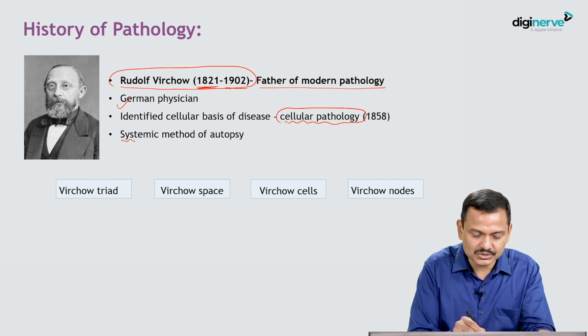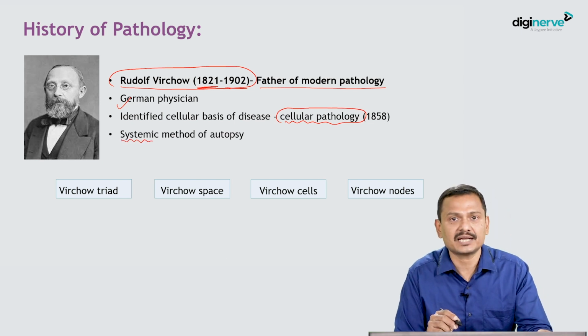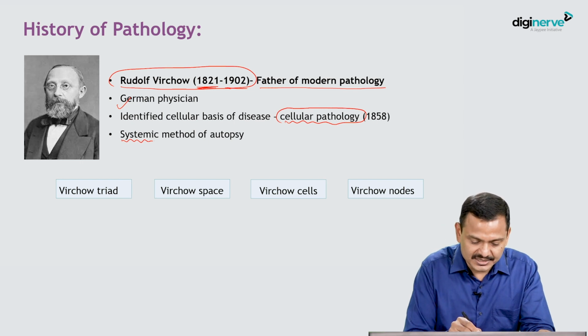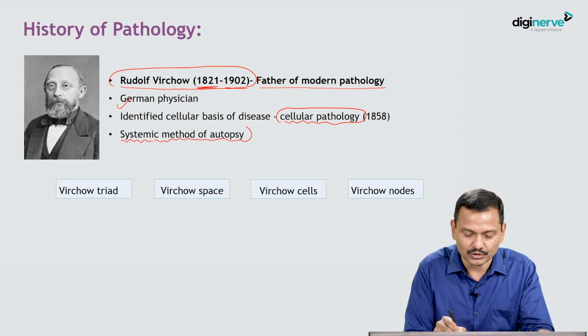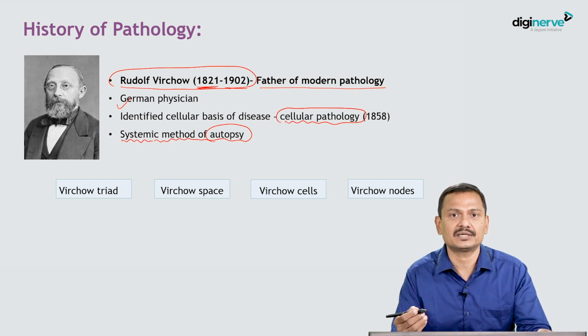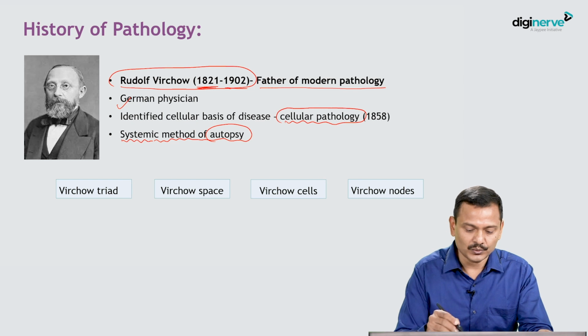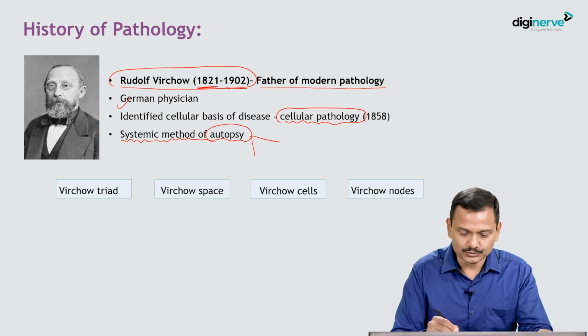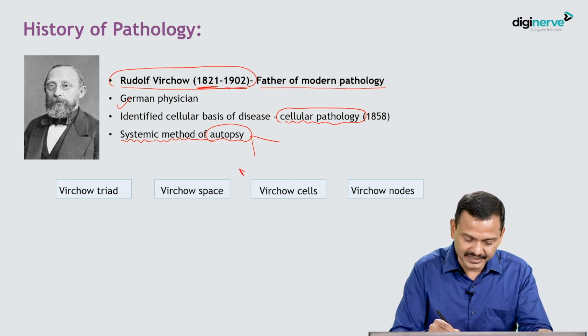Okay, he was also the first person who introduced a systematic method of autopsy. Okay, autopsy means post-mortem. Now autopsy can be medico-legal autopsy, which we do for medico-legal purposes like road traffic accidents or death due to unnatural cause, whereas another is a medical autopsy.